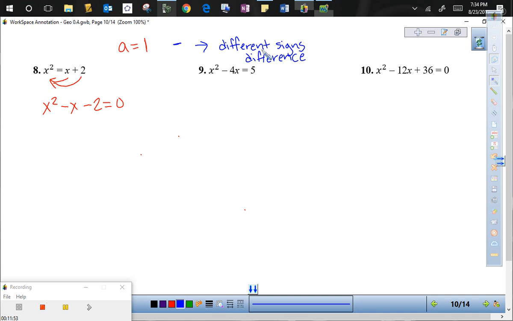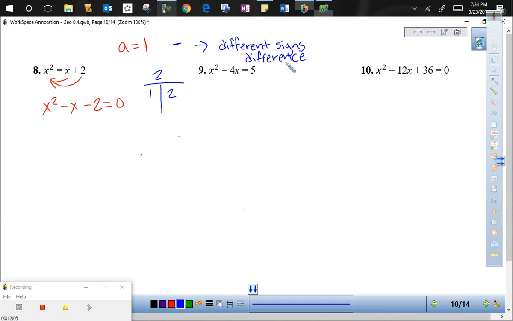We're not looking for a sum, we're looking for a difference, and they're different signs. So we're looking at the factors of just regular 2 to start out with, and all they are is 1 and 2. But we have to get a -2, and the only way to do that by multiplying is if 1 is positive and 1 is negative. So that's why we have different signs.